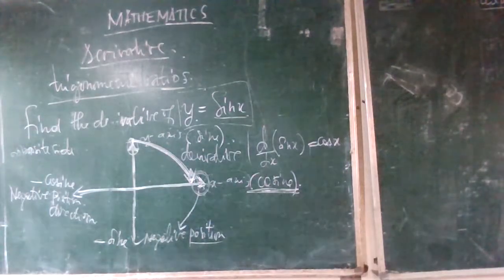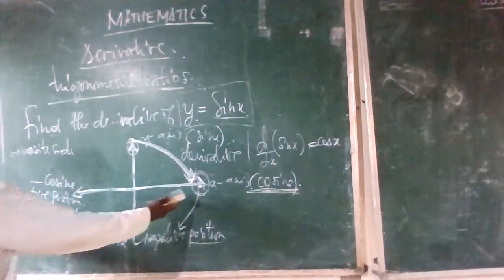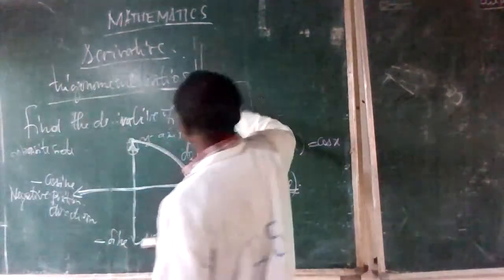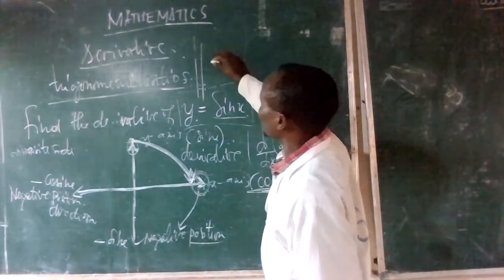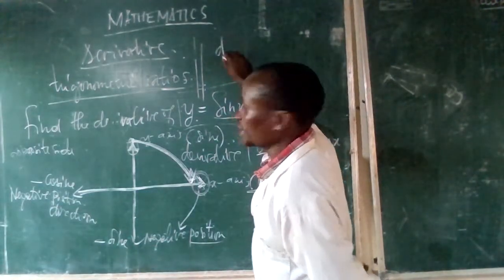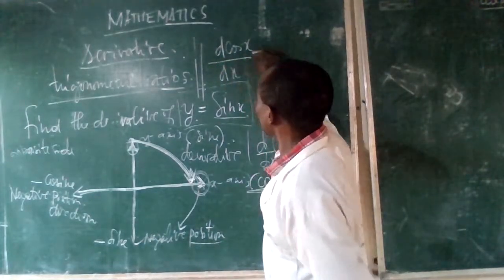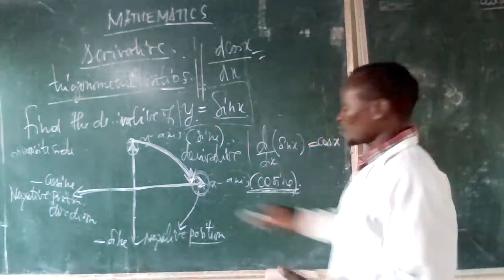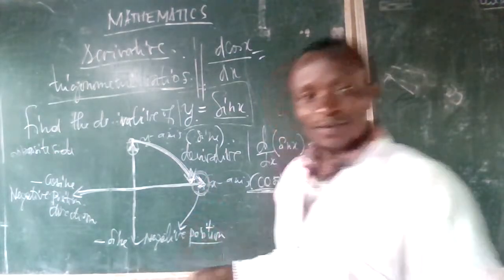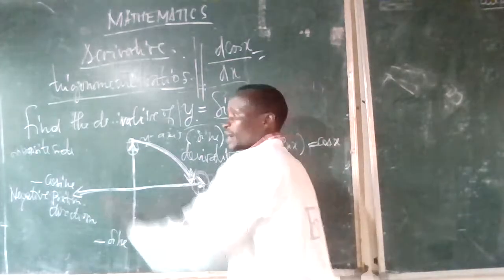Now allow me to clean this part. Have you seen this one? Also, when you are given, find the derivative of d cosine x over dx, we are going to focus on these trigonometric ratios on the Cartesian plane.